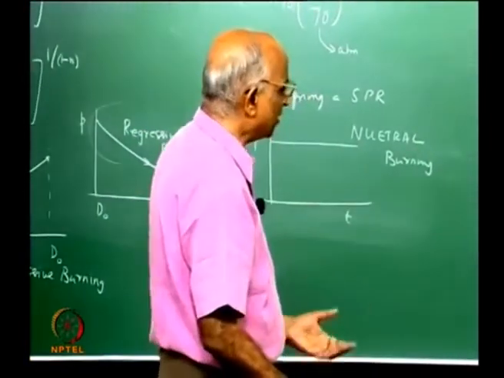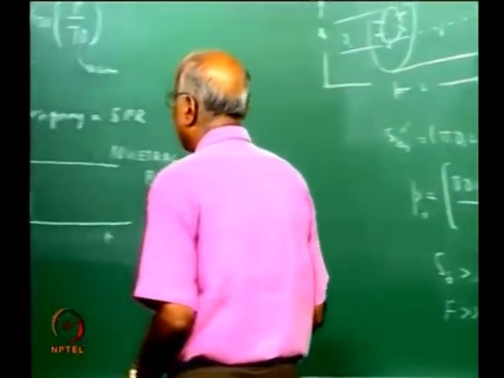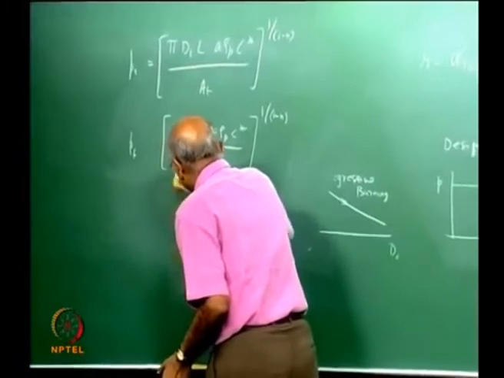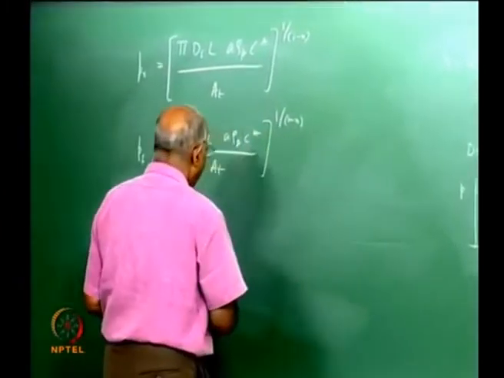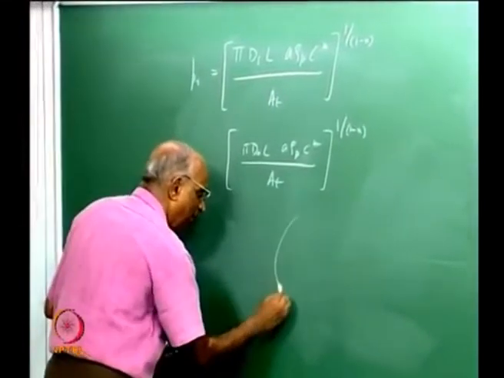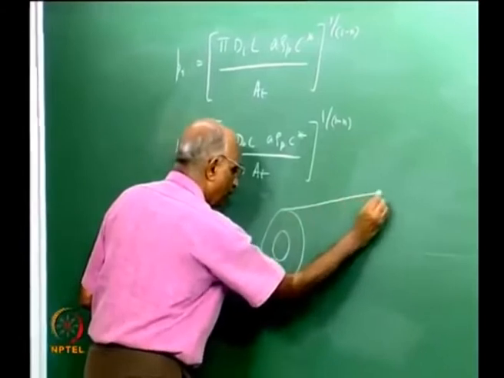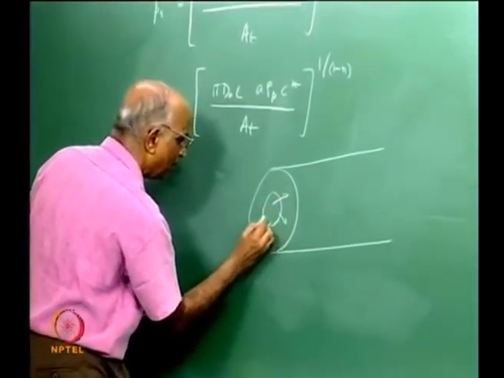Therefore, to be able to do this, let us do a simple example today. Let us find out the time taken for a cylindrical grain. What do I mean by a cylindrical grain? The first example: I have the end like this, I make a hole here, I have internal burning, it burns through like this.